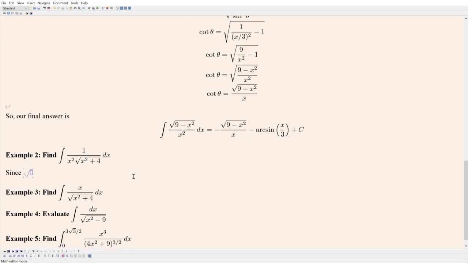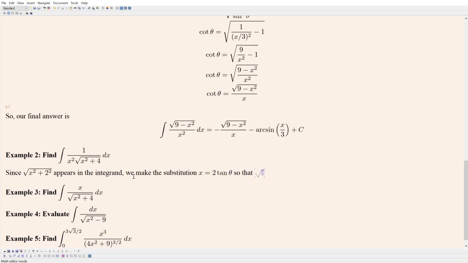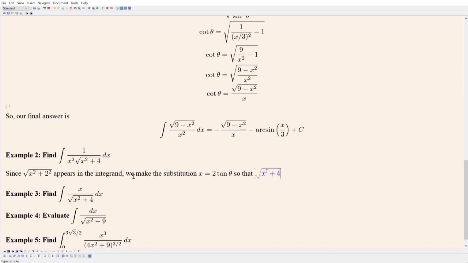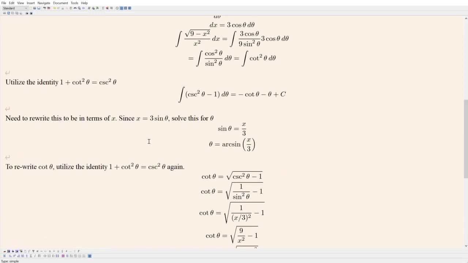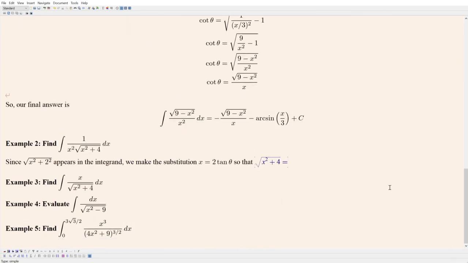So since the square root of x squared plus 2 squared appears in the integrand, we make the substitution x equals 2 tangent theta, so that this becomes 2 secant theta.